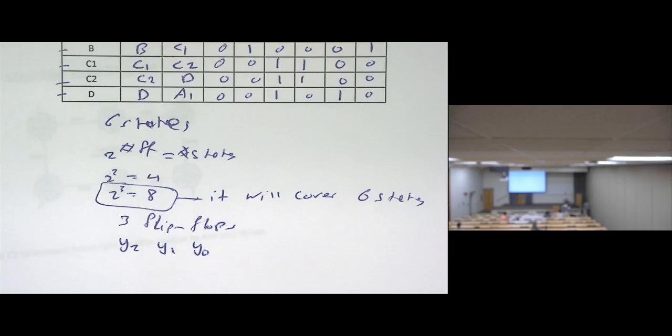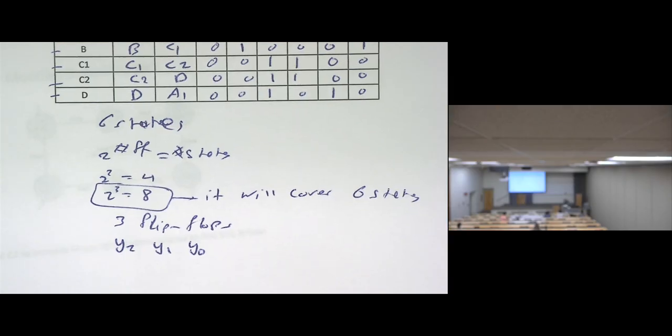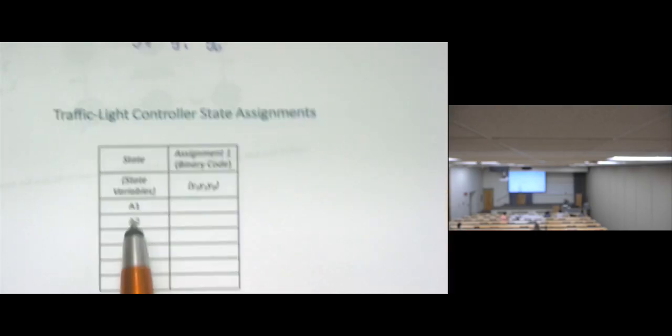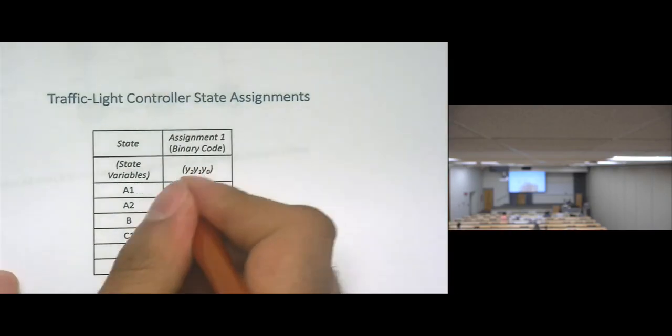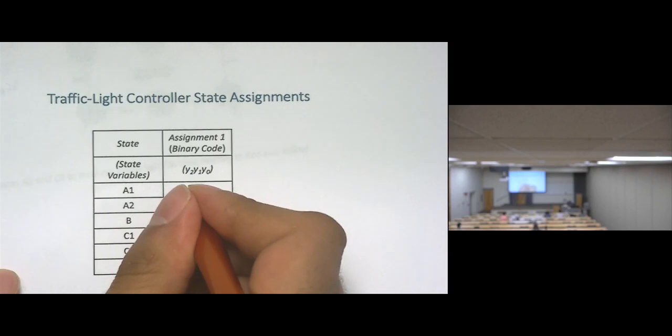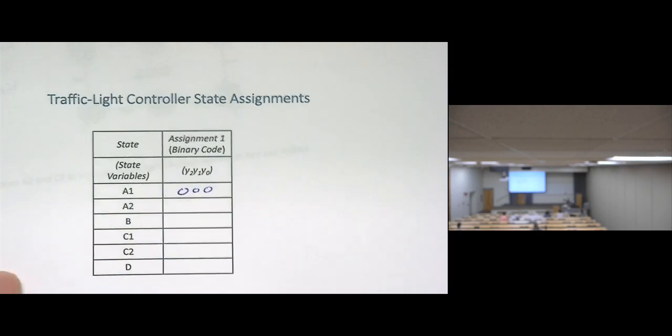Now, since we have 3 flip-flops, so bits y2, y1, y0, I need to make values for each variable. So let's make this assumption. We have A1, A2, B, C1, C2, D. Let's assume the corresponding values for A1 are 0, 0, 0. You are free in this assumption.